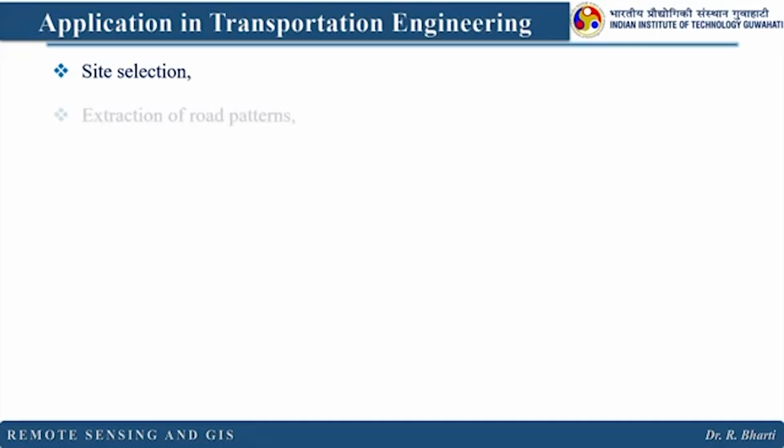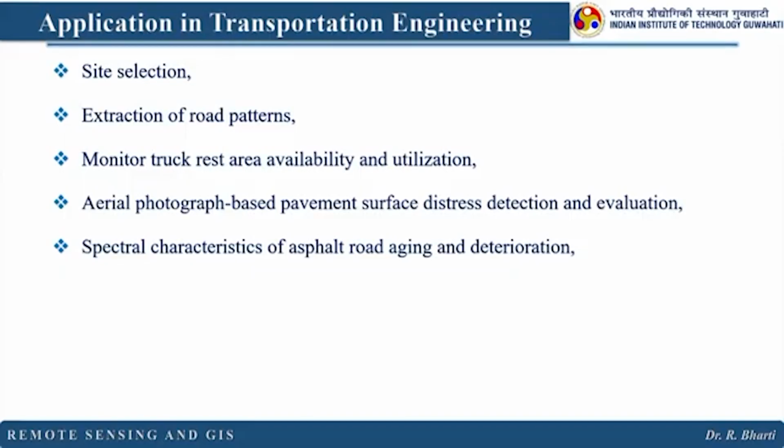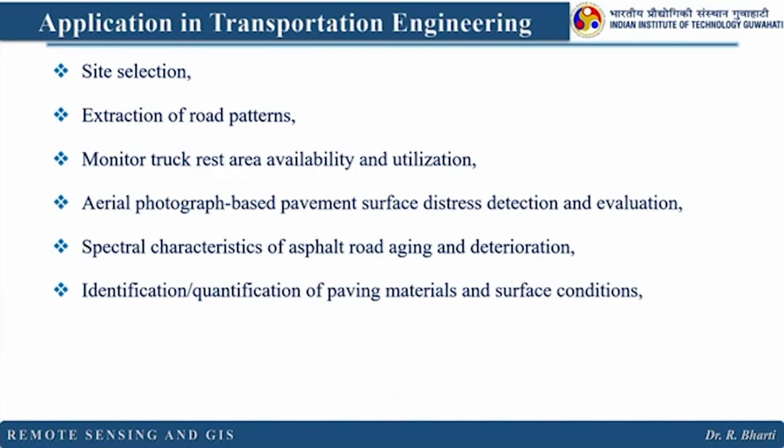Site selection you can perform, extraction of road patterns you can derive, monitoring of truck rest area availability and utilization you can also plan or monitor, aerial photograph based pavement surface distress detection and evaluation, spectral characteristic of asphalt road aging and deterioration, then identification and quantification of paving materials and surface condition.